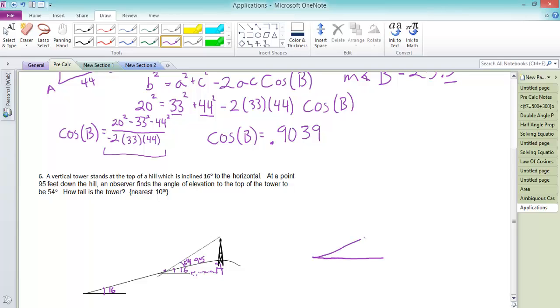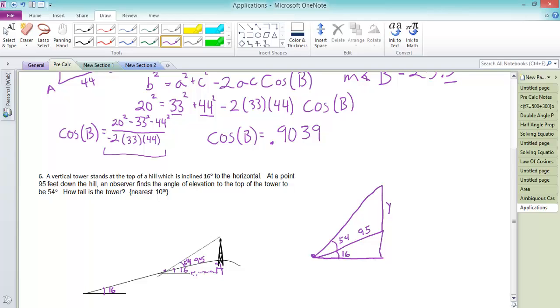Then we have the hill, which slants up at 16 degrees. And then from here, we have the observer who's staring at the top of this tower, and that would be another 54 degrees. And he's 95 feet away. I want to know how tall the tower is.